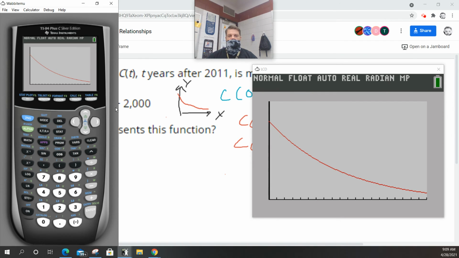Anyways, now that I've got that set, let's go ahead and graph this and see what we get. Let's hit trace. I want to see what it is when x equals 20, because there's a lot of graphs that look like that. It's about 4,000. I wonder what it is when x equals 12.